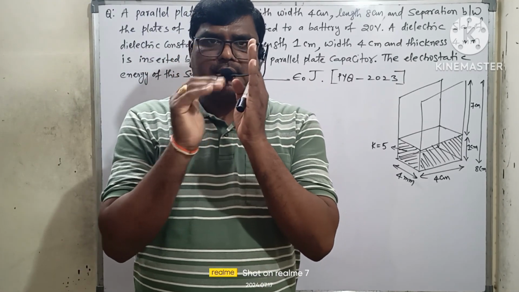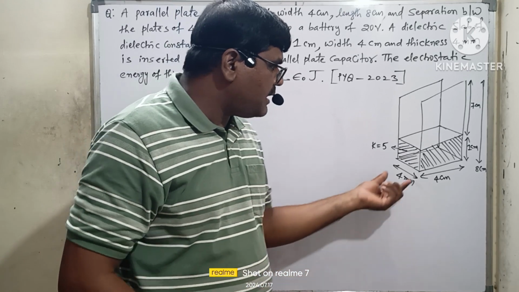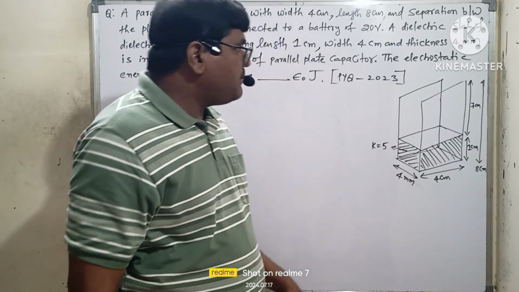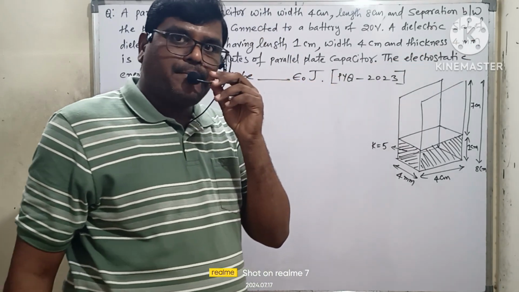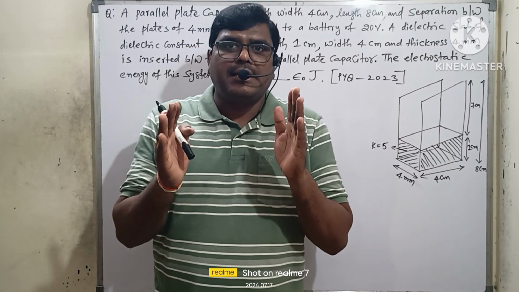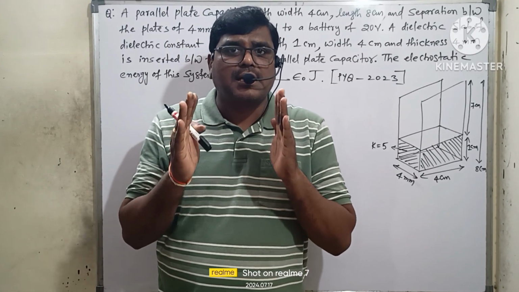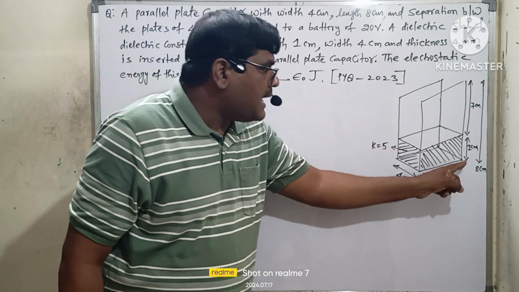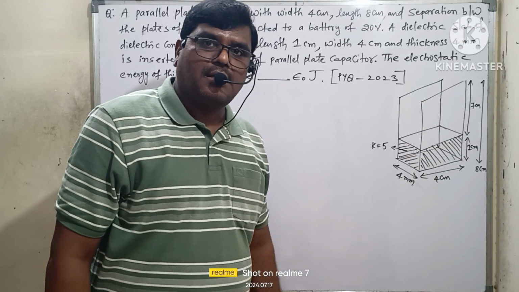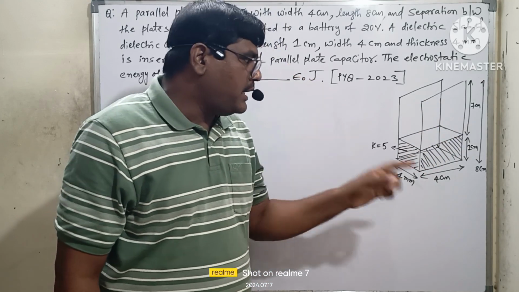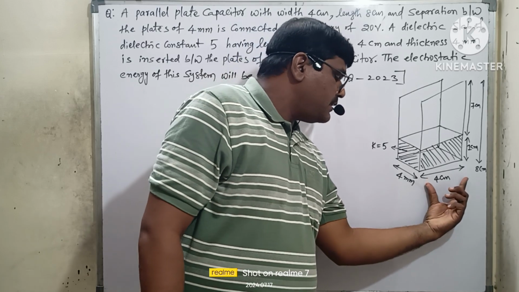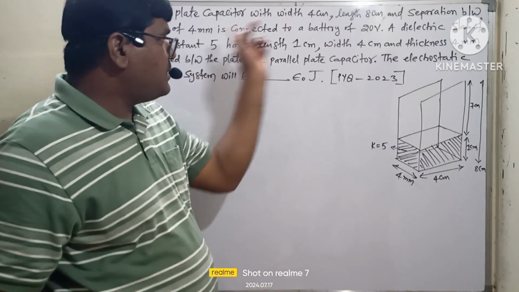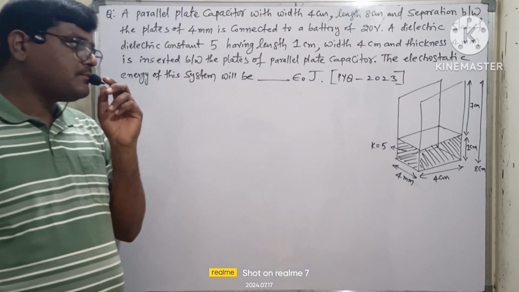When the dielectric material is placed between these two plates, its thickness is nothing but the separation between the plates, which is 4 millimeter. So the dielectric material of constant phi fills the gap between the two plates over a length of 1 centimeter, with the same width, and a thickness the same as the separation between the plates.